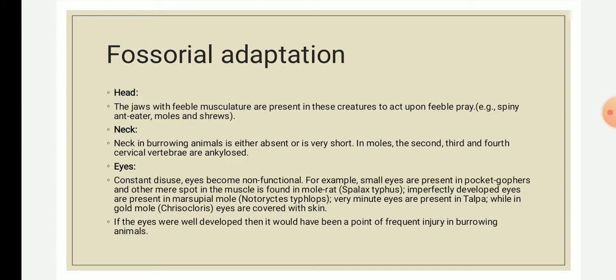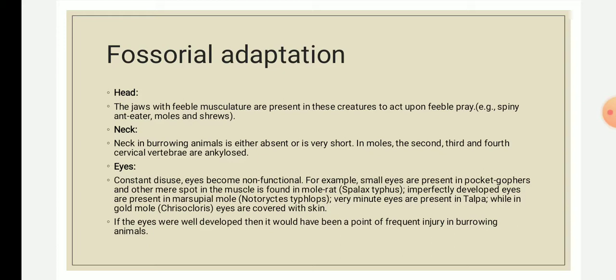In this, the limbs have become shorter but have no extreme modification, for example in fox and mongoose. And the third type is the animal digging for a retreat and finding its food under the ground, and they have extreme modification for fossorial life, for example Talpa and rattles, okay.